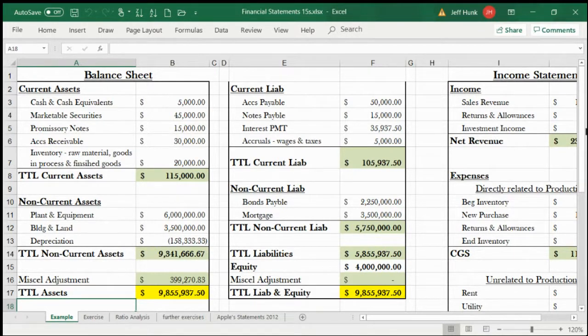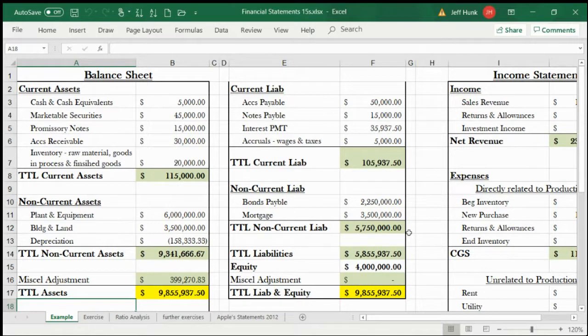So if you look at the balance sheet here, I broke it up into the asset side and the liability side. Normally they can put it vertically, top to bottom, right? But if you do it that way, it's very difficult to see on a screen.